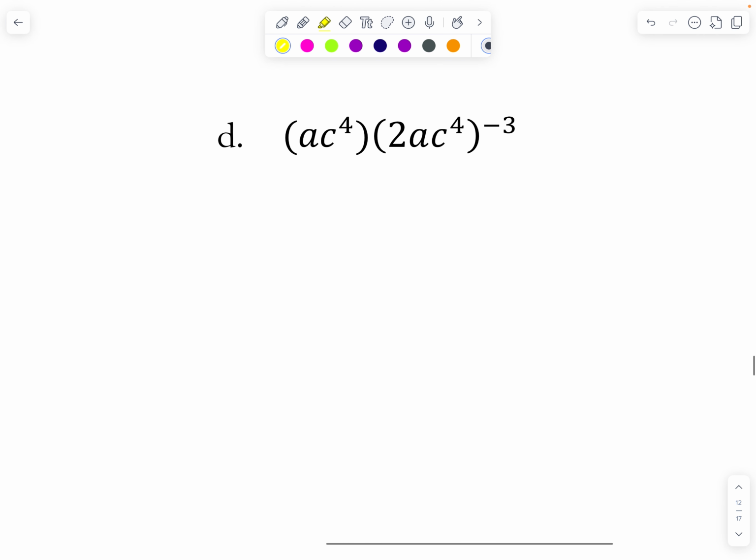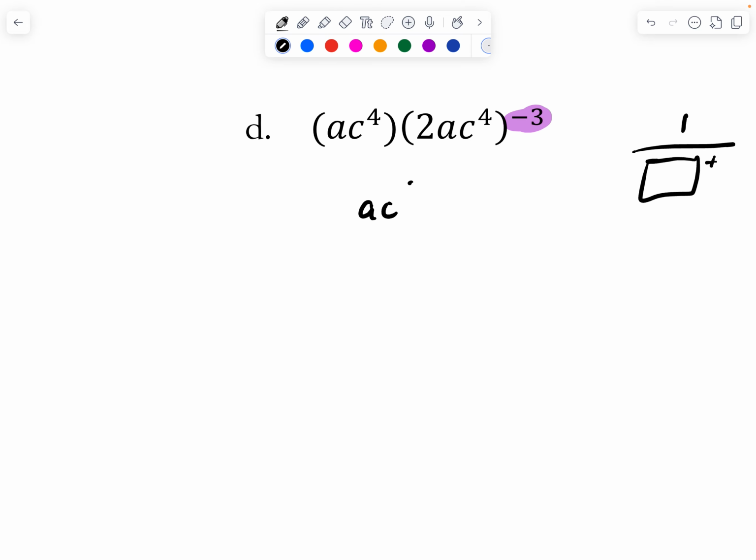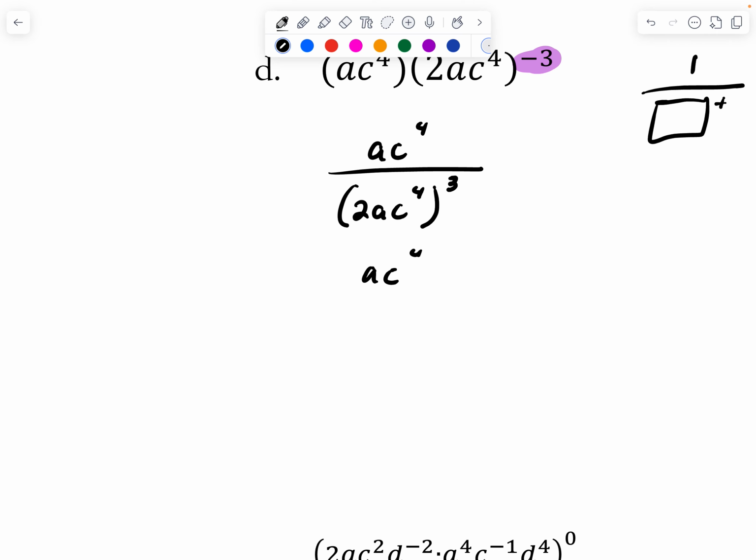Now, whenever you have something raised to a negative exponent, you can write it as 1 over that same thing to the positive exponent. So I'll write this as a times c to the 4th power over 2ac to the 4th power raised to the 3rd power. So I change it to a positive 3. So dealing with that denominator, I get 8, right? 2 cubed is 8.